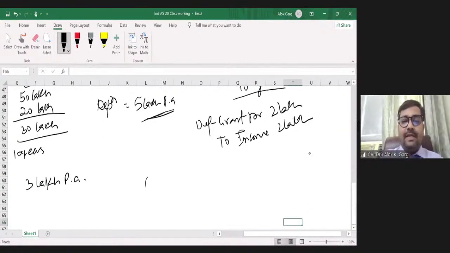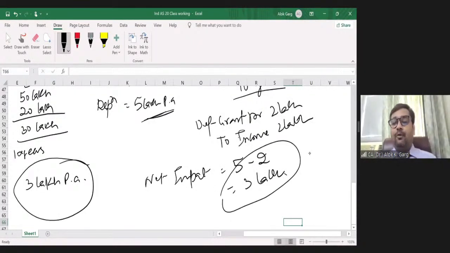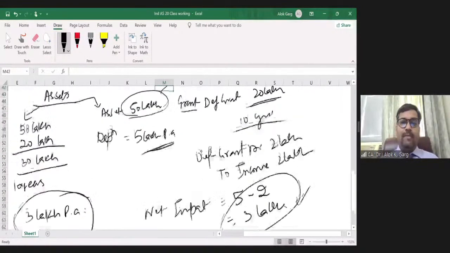Net impact is equal to 5 minus 2, which is equal to 3 lakhs. And what was the net impact in P&L in the first case? It is 3 lakh when we were following the netting approach. When we are following the gross approach, it is again 3 lakhs. Okay. I hope it is clear to everyone.